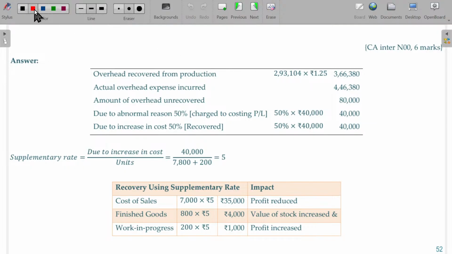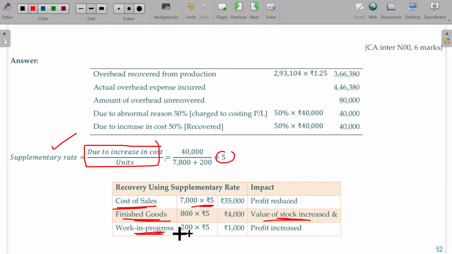So this will be called as supplementary rate due to increase in cost divided by units, 5 rupees. Cost of sales, this will be adjusted to the cost of sales. Finished goods, value of stock increased, work in progress added to the work in progress stock. See, if you are adjusting this, if you are not recovering from the customer, it reduces the profit.